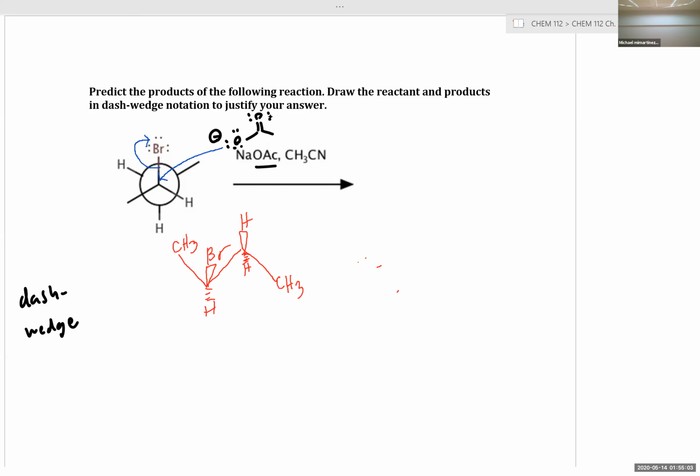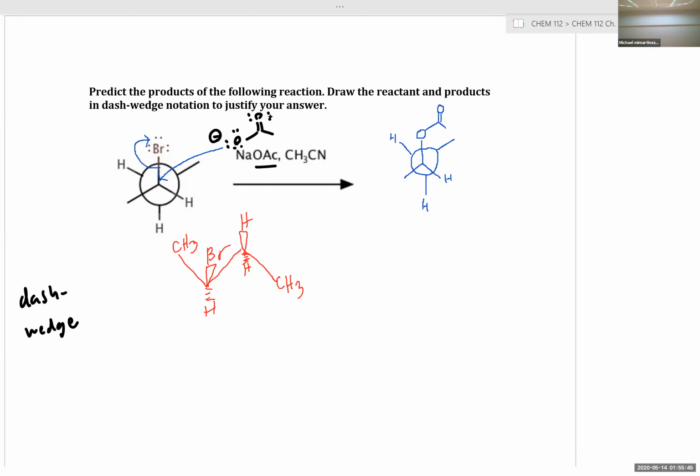And what would this look like after SN2 reaction? How would we draw our product in the Newman projection? Keeping in mind that the acetate is attacking from the back side of the bromine.